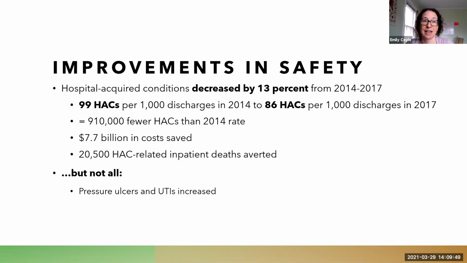That's 99 hospital-acquired conditions per 1,000 discharges in 2014 to 86 in 2017. And that equals about 910,000 fewer hospital-acquired conditions than if the 2014 rate had sustained. That also equates to about $7.7 billion in costs saved, and it averted 20,500 hospital-acquired condition-related patient deaths.